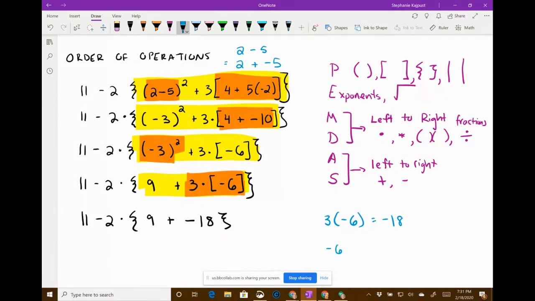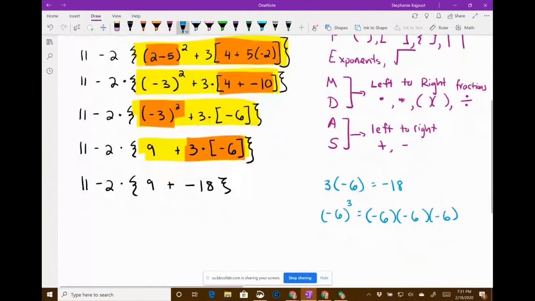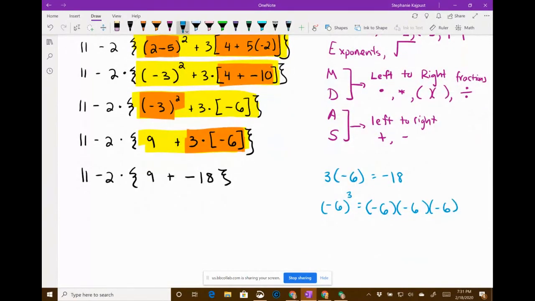-6 cubed, that exponent, means that you are multiplying -6 three times. So that is -6 times -6 times -6. When you have -6 cubed, you first need to multiply left to right. So you have a -6 times a -6. A negative times a negative is a positive, and 6 times 6 is 36. So this would be 36 times -6.